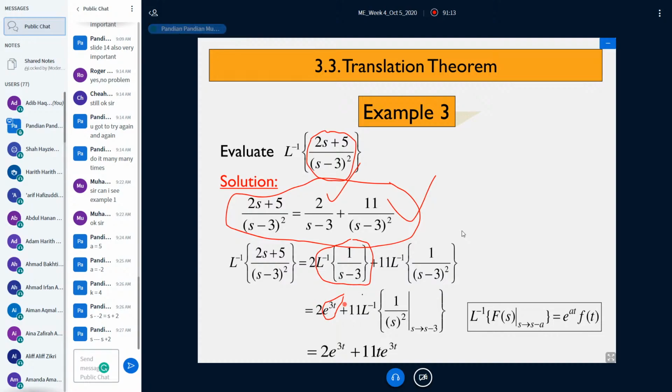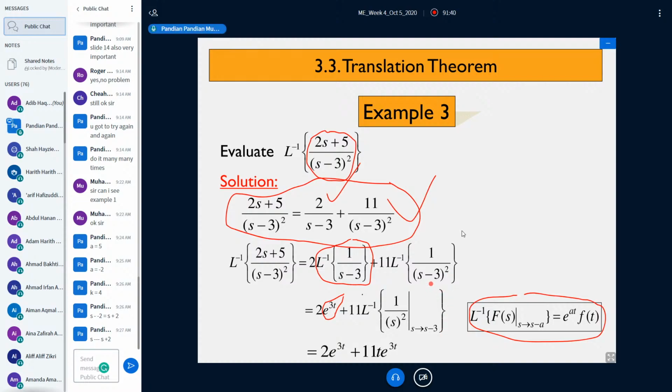So for the first term, the inverse Laplace is 2 e^(3t). But for this one, 11 inverse Laplace of 1 over (s minus 3) squared, you must use translation, because this one is (s minus 3) squared.